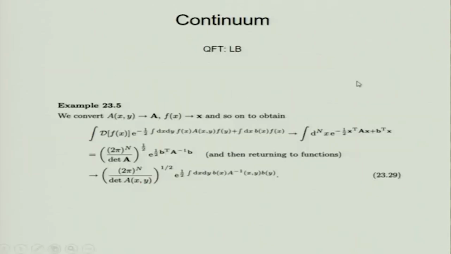Now, that was for x1, x2, x3 and so on, and my A was a matrix. So, those are discrete variables, but we can have a continuum. This is some continuum operator A(x,y), and here we need to find A inverse.